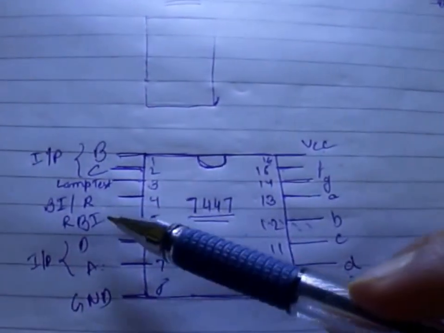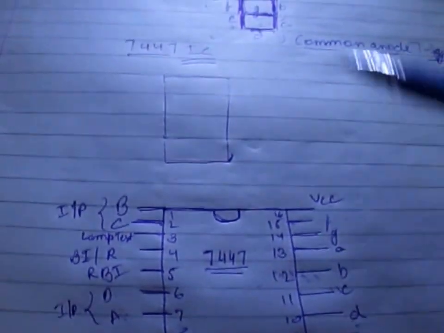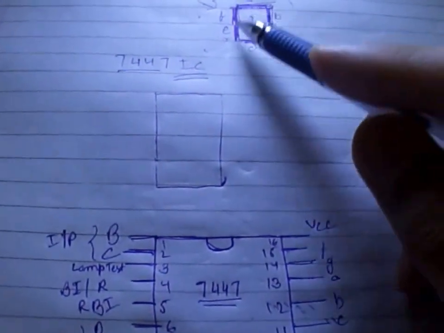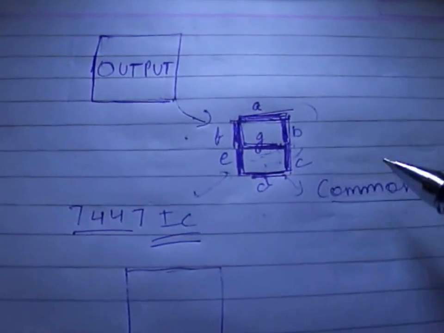So whatever binary coded decimal we get, an equivalent numeral is printed on the 7 segment LED.